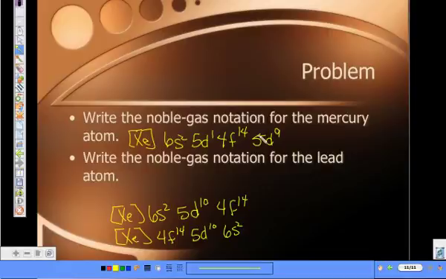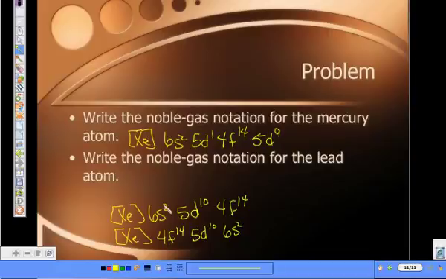The orbital notation for the D block? You would still just put 5 lines. Why do you go to F if F is down there? Because right here, look at your numbers, it goes from 57 to 72.